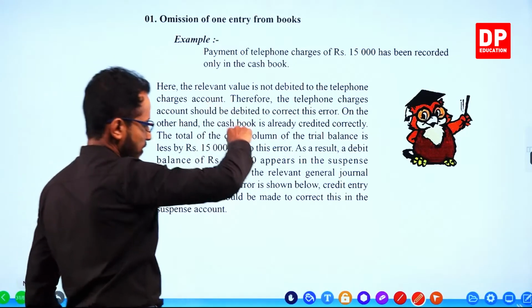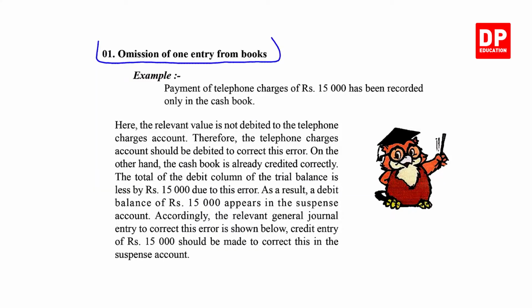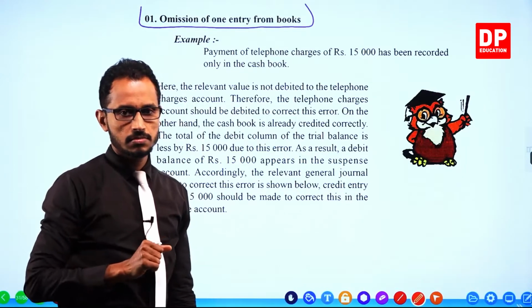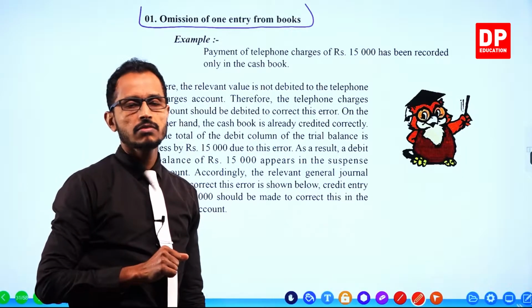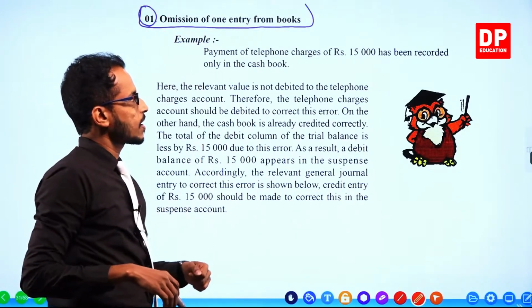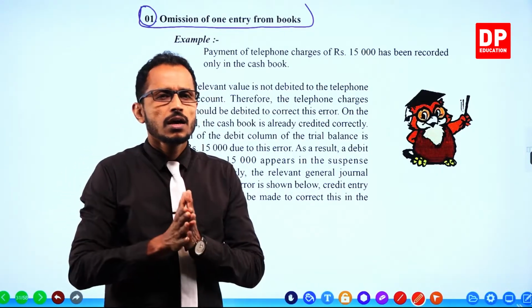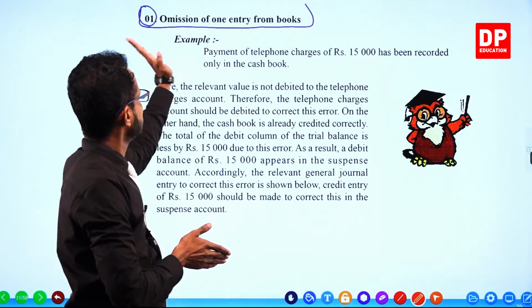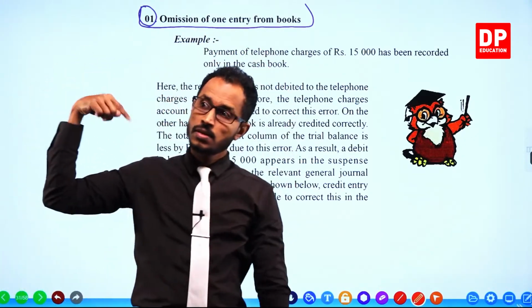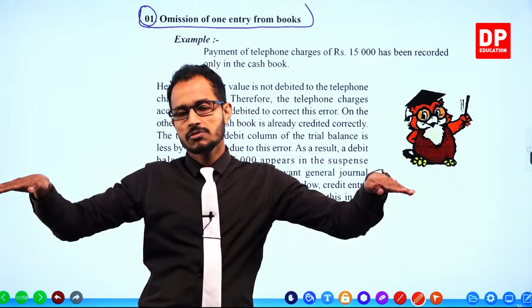We have one error here, the first one. Omission of one entry from the books is the first error. Now, don't you remember that we talked about this type of error before, when we took errors which do not affect the trial balance?